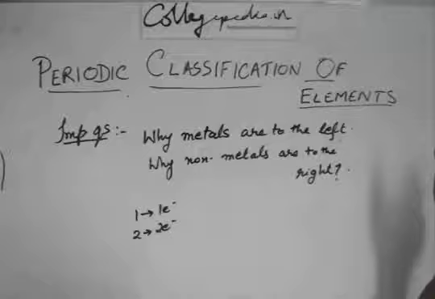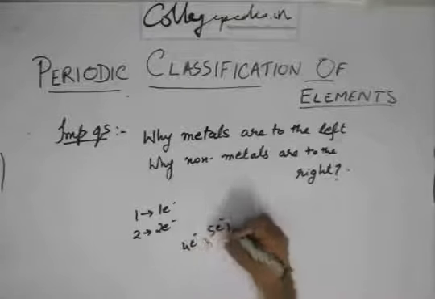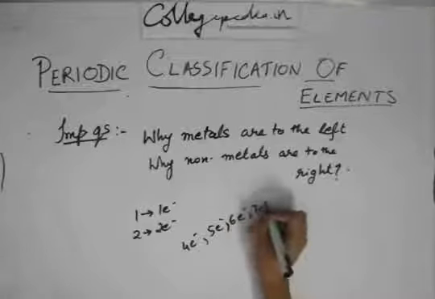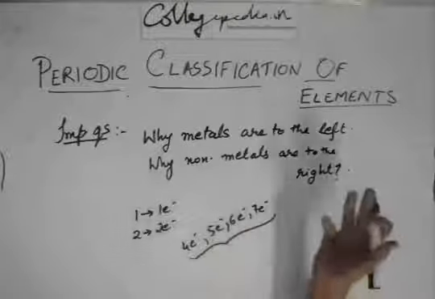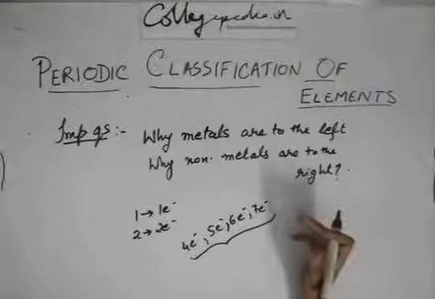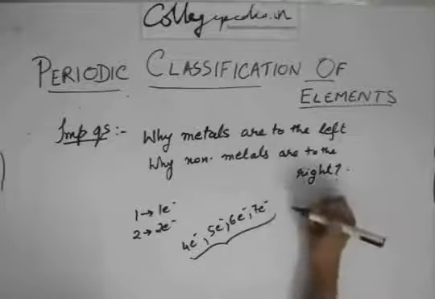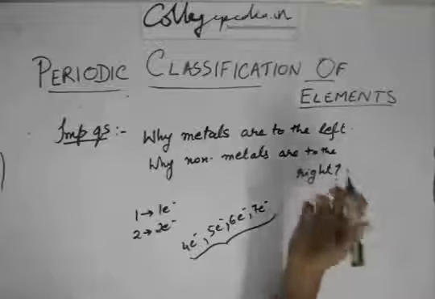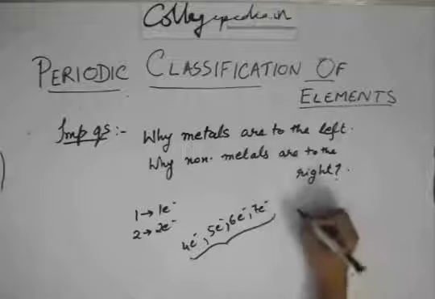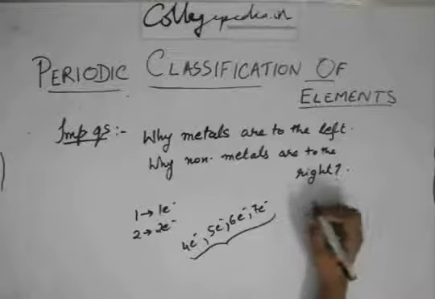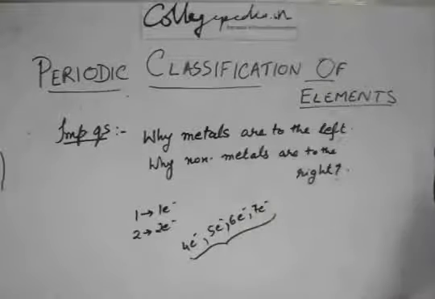But as you go to the right, you have 4, 5, 6, 7 electrons, and after 4 the tendency to give away electrons is very, very less, because the tendency to accept electrons is very high, especially in case of 7 electrons. It would take 1 electron instead of giving away 7 electrons. And if it takes 1 electron, it becomes a minus charge. So that is why the non-metallic nature will increase along the period.